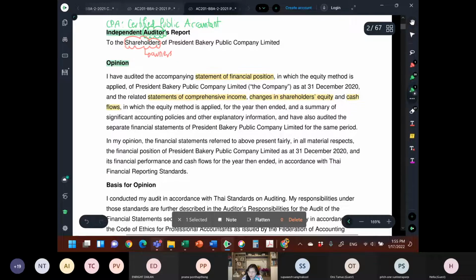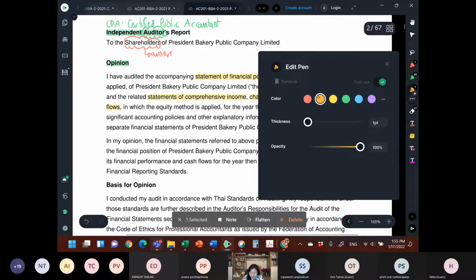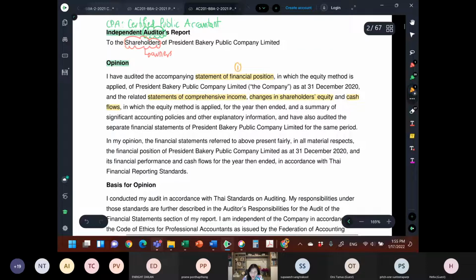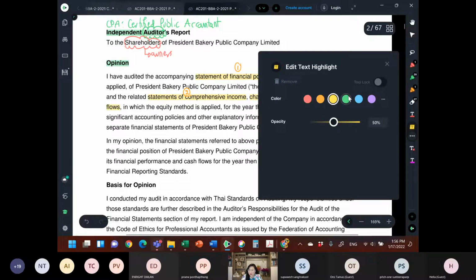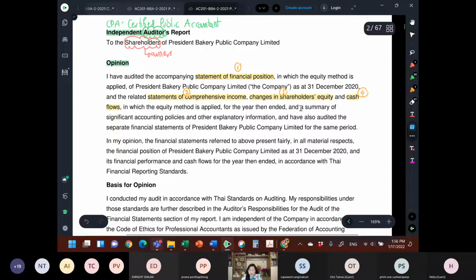Okay, so they are all together 4 financial statements. This is the first one, the second one, the third one, and the fourth one, that you have listed earlier. Let's continue reading. I have audited all these financial statements for the year that ended 2020, and the auditor also audited the summary of significant accounting policies and other explanatory information.